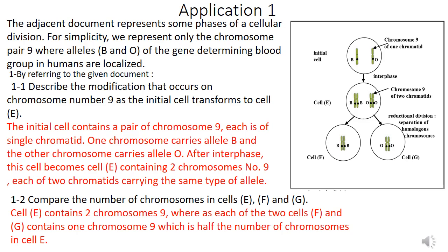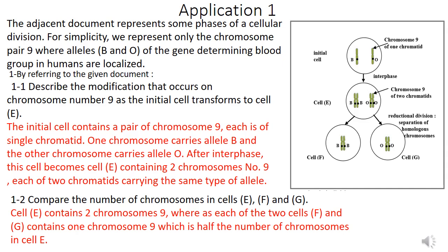The initial cell has 2 chromosomes 9. Cell E also has 2 chromosomes 9. And finally cells F and G. The question is to describe what happens between the initial cell and cell E on chromosome 9. So the initial cell contains a pair of chromosome 9, each of a single chromatid.